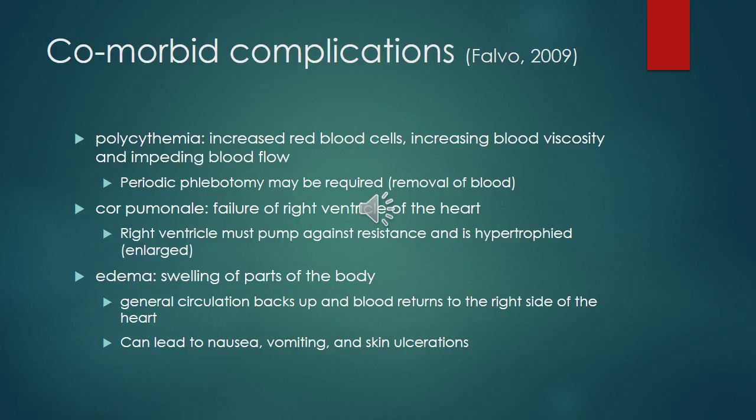And one treatment option that may be required is phlebotomy, and that may be required periodically, and that includes removal of the blood to help improve the viscosity of the blood flow.